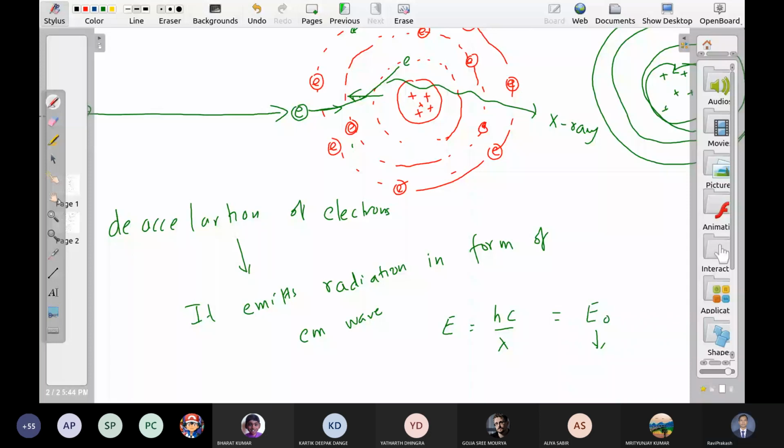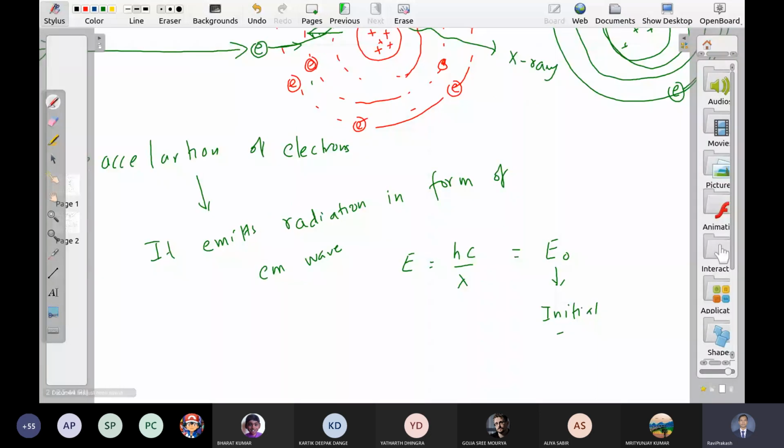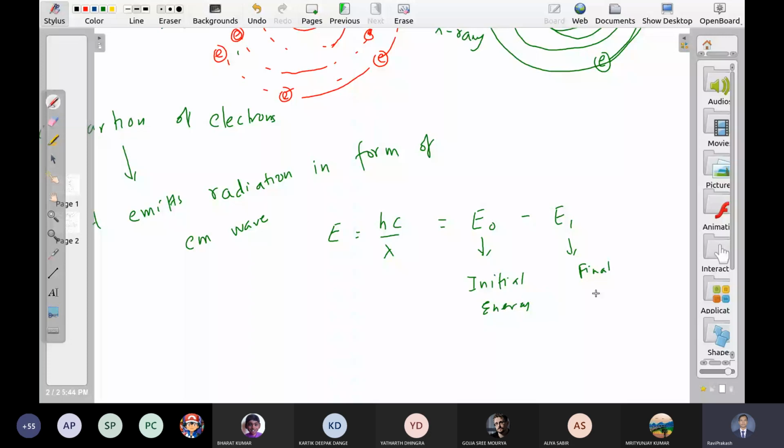E1 means final energy of electron when they come out from the atoms. So this much energy is lost by the electrons, and this energy is received as X-ray, and we have correspondingly some wavelength. What is E naught minus E1? E naught minus E1 कितना होगा?